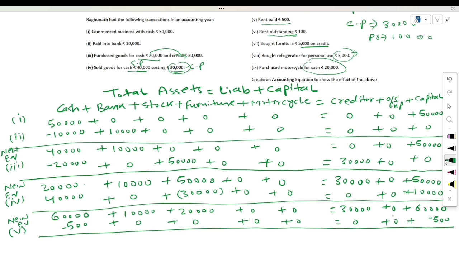Now find out the new equation. 60,000 minus 500, 59,500 plus 10,000 as it is, plus 20,000 as it is, plus 0 is equal to 30,000 as it is, plus 0 plus 59,500.